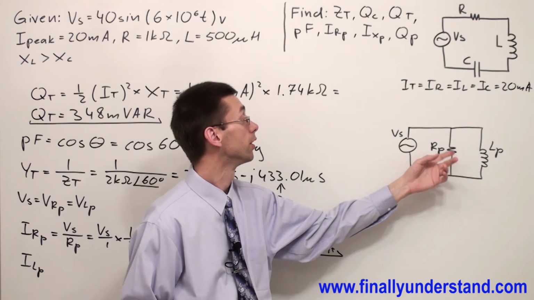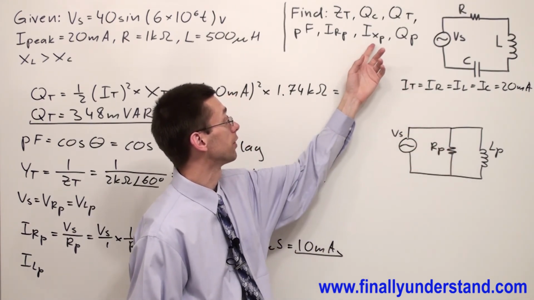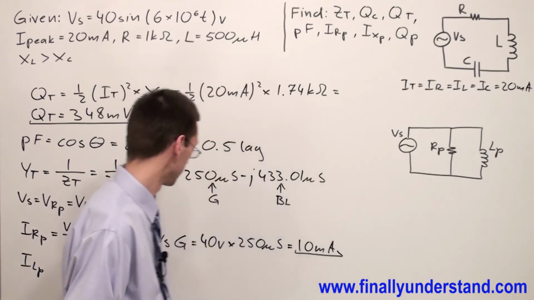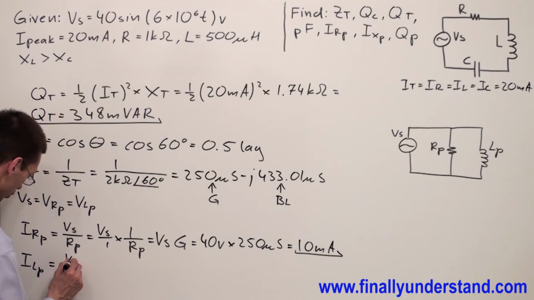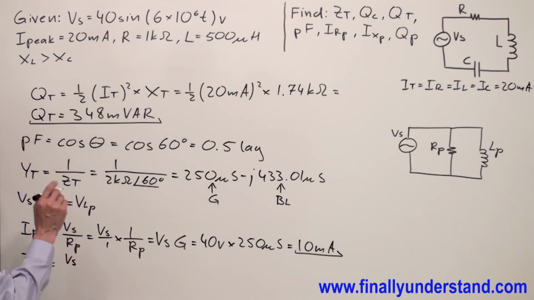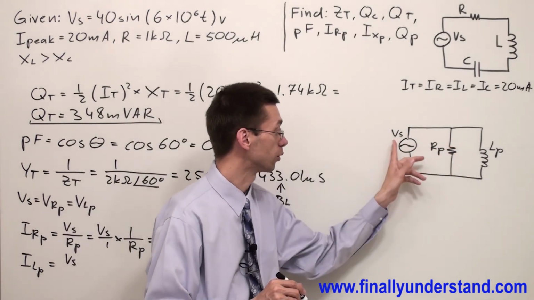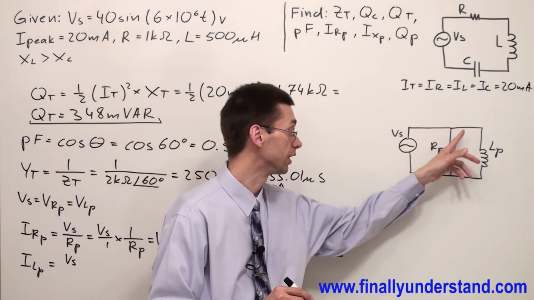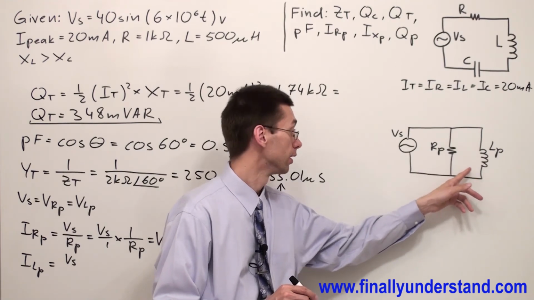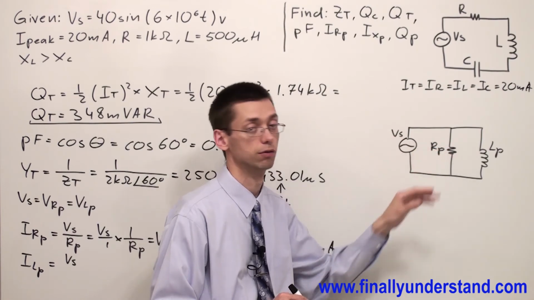Right now I have an inductor, that's why instead of X I'm going to write L. So I have the voltage source. I write the voltage source because the voltage across each component is equal to the voltage source. I can write VR over R, VL over L, but I can also write VS over R or VS over L.